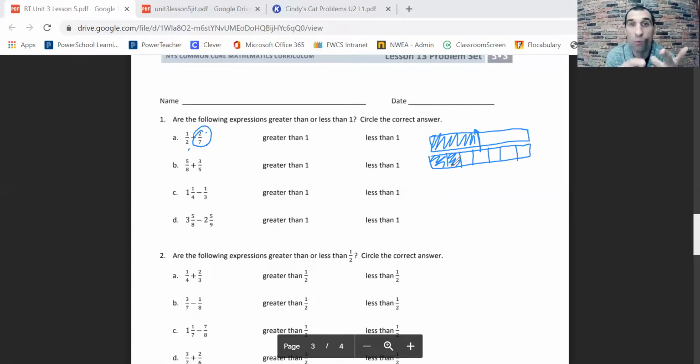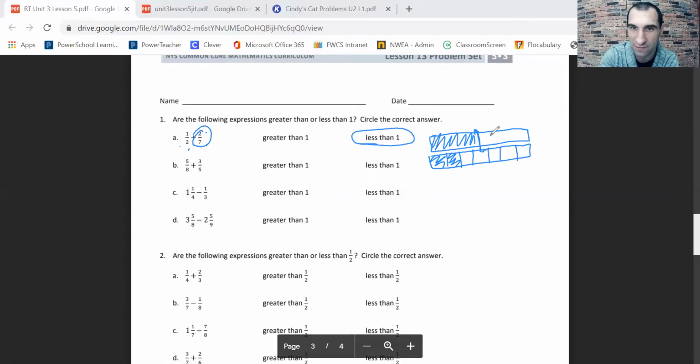So if I was doing 1/2 plus 3.5 sevenths, even though that's not a fraction, I would be at exactly 1 whole. So since 2/7 is less than half, if I add that to half, I know that it's going to be less than a whole. And so you can visually see this over here. If I move these over to this particular one, here's that half, right?